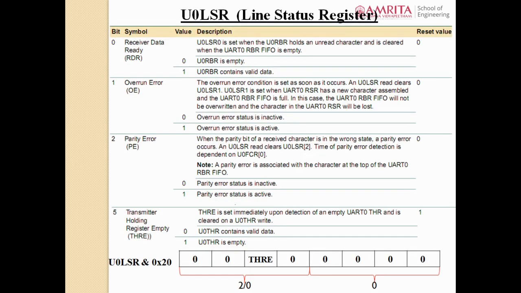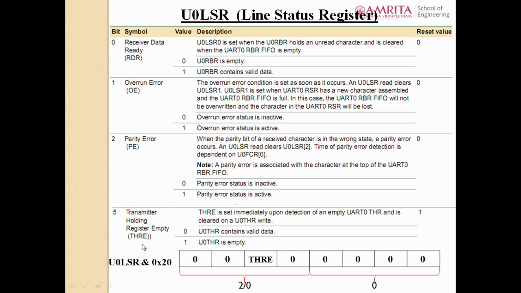So how will I do that? For that you are using a register known as the UART0 line status register. All the status signals related to the UART are present in this register. The fifth bit you are using for checking the status of the transmit shift register. You have a bit known as the transmit holding register empty bit. If your transmit shift register is empty, what will happen?